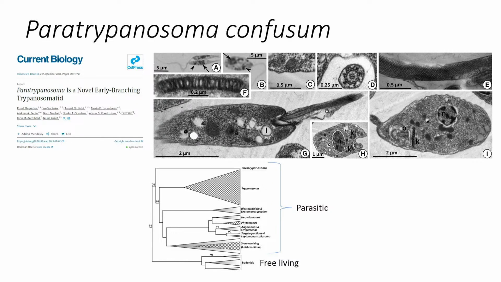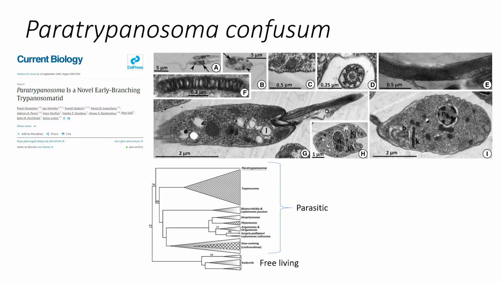But the most important part of this work was the phylogeny that they made with the other trypanosomatids. They put the paratrypanosoma at the root of the trypanosomatid family. This is a very important point because among the kinetoplastids we have free-living organisms and parasitic ones, and paratrypanosoma was put in between these two major groups.